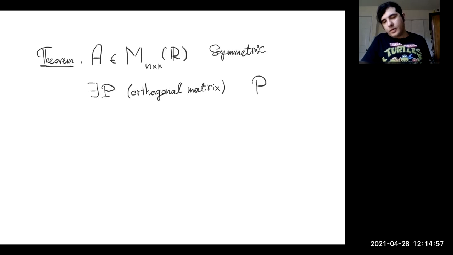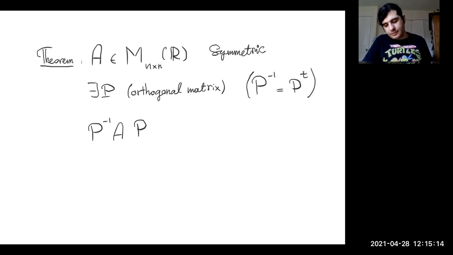There exists an orthogonal matrix, remember, a matrix that is invertible and whose inverse is equal to its transpose. I should say that in parentheses. So there exists such a matrix P such that P inverse AP is diagonal.